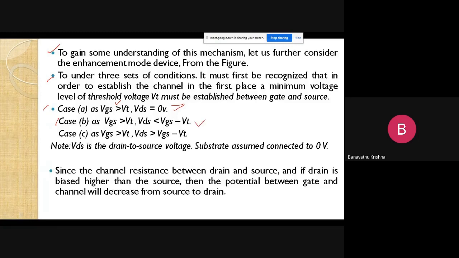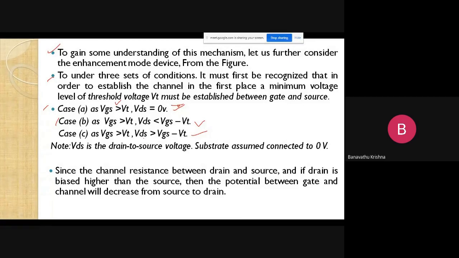A slight amount of voltage is applied at the drain in this case, so a small number of charge carriers move from source to drain. Similarly, in the third case, VGS is greater than Vt and VDS is also greater than VGS minus Vt. The maximum number of charge carriers move from source to drain.